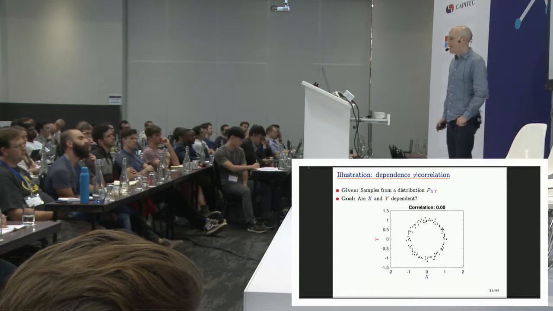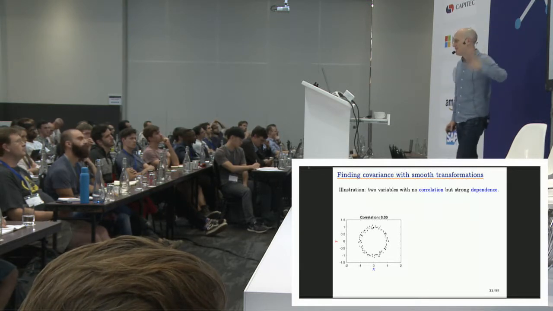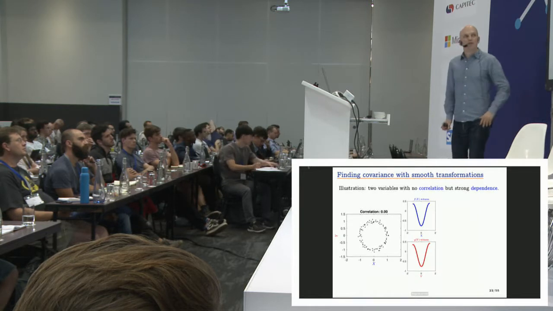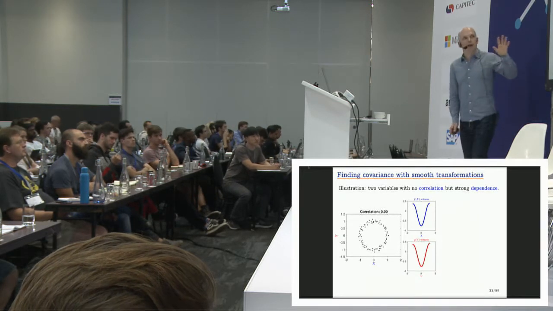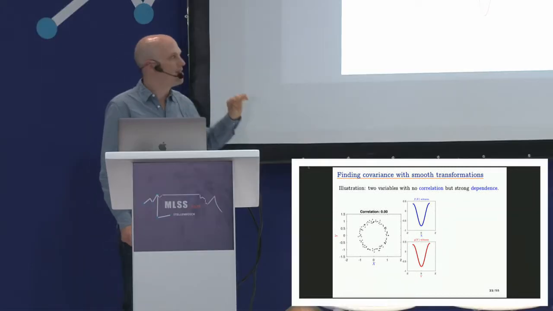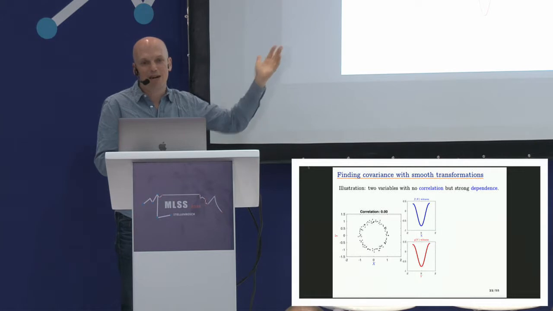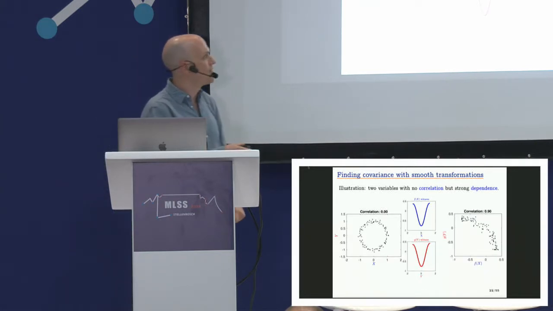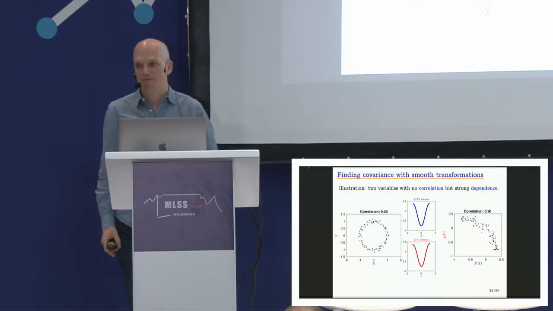So how could I do that? All right, here are my x and y. They're very dependent. They're not correlated. Now I'm going to map my x variable through a smooth function and my y variable through a smooth function. These smooth functions I've just plotted here. They look a little bit arbitrary, but when I map x through its smooth function and y through its smooth function, I'm getting variables that now have a very high correlation, 0.9.